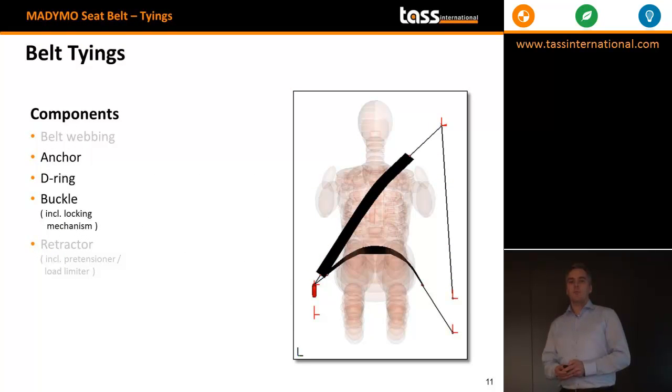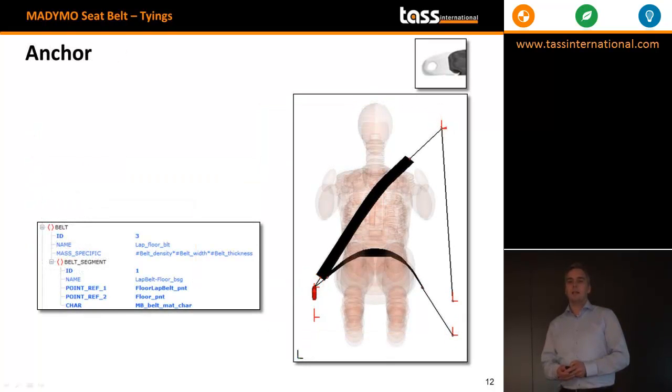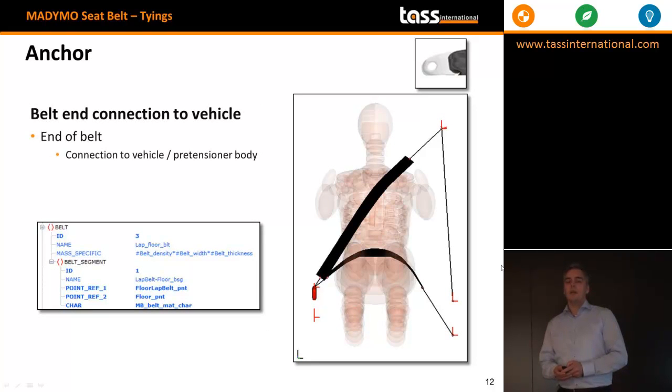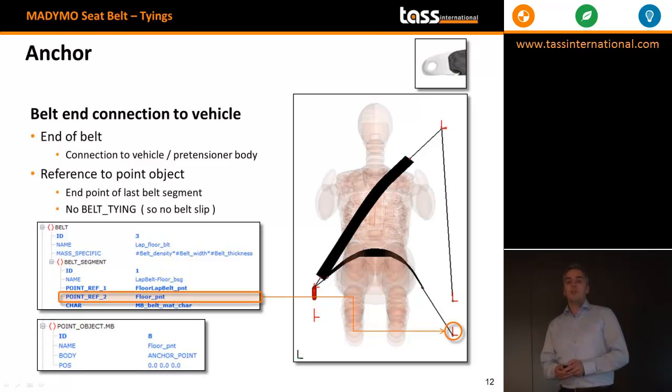Next, we will discuss belt tyings. So we will look at the belt anchor, the D-ring, and the buckle. First, the anchor. The anchor is seen as a fixed belt end connection to the vehicle interior. So basically, it is the end of your belt system. The reference can be made to a point object for this.